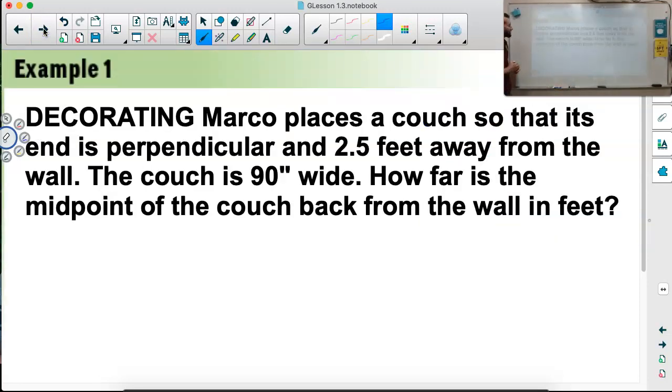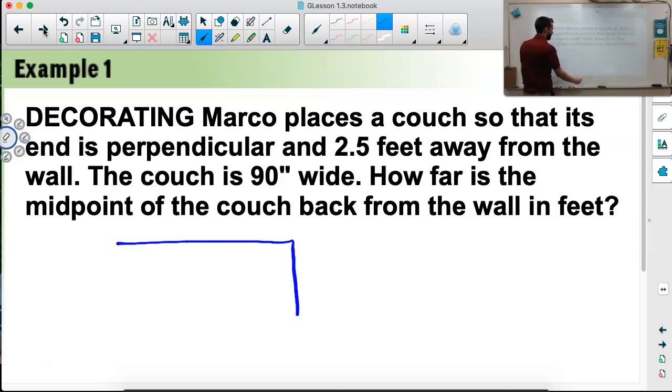All right, so an example here. This is kind of a word problem, and we'll see some of these from time to time. Marco places a couch so that the end is perpendicular and 2.5 feet away from the wall. The couch is 90 inches wide. How far is the midpoint of the couch back from the wall? So you've got this idea.